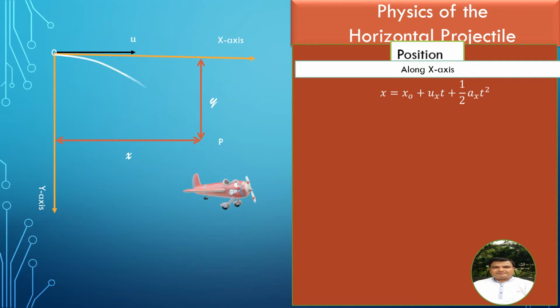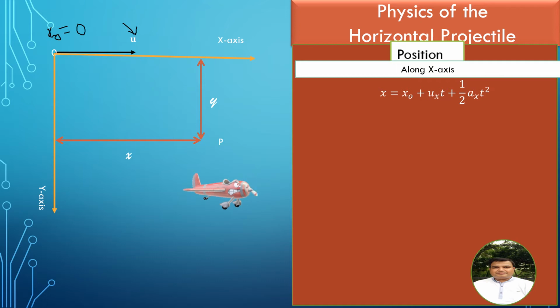As far as x naught is concerned, you can check, we started from the origin, that's why this x naught is nothing but 0, isn't it? As far as u x is concerned, means the initial velocity along the x-axis, that is u.